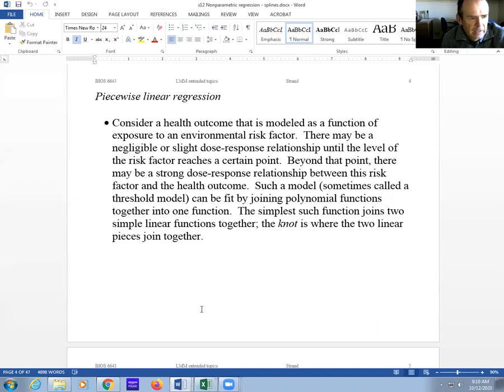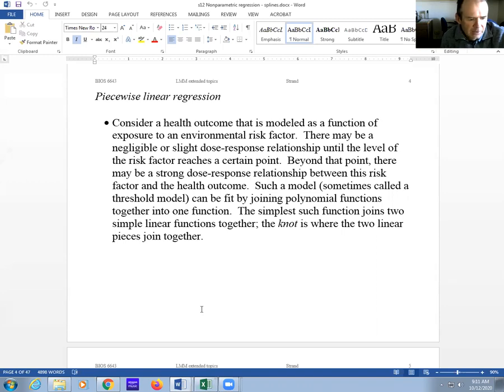Or it could be exposure to contaminants in the air where subjects are working, maybe in a plant where there's dust in the air or something like that.